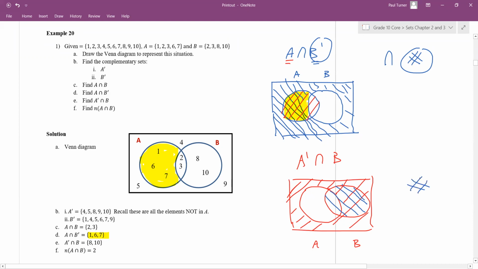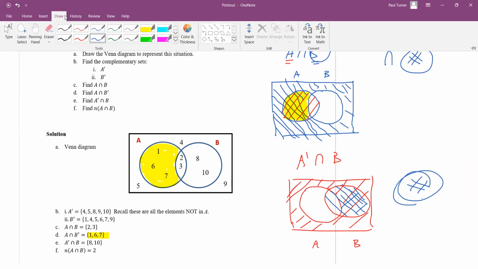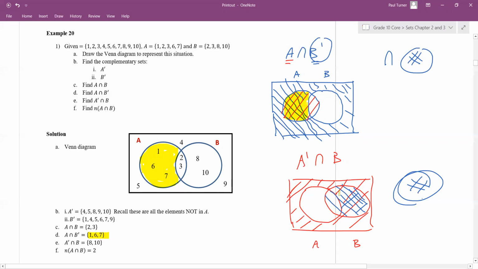So we're looking for this here, and that's only going to be in this part here. So color in that area there. So that's not A intersecting B. And that would be these two numbers here, 8 and 10. So you get 8 and 10 for that. And we did F already.